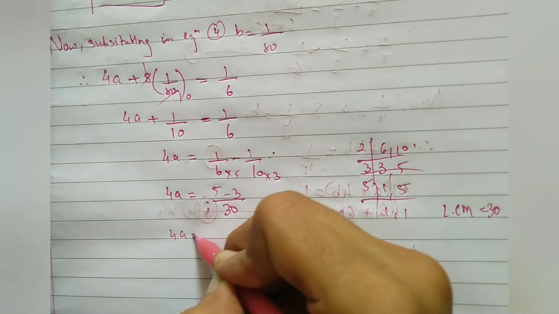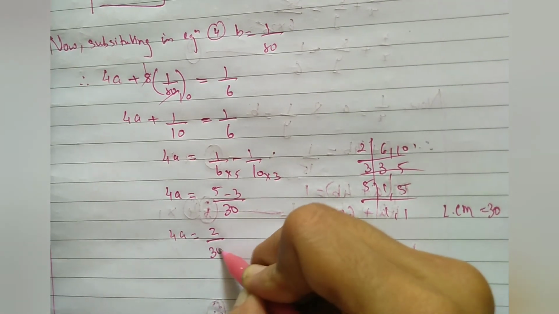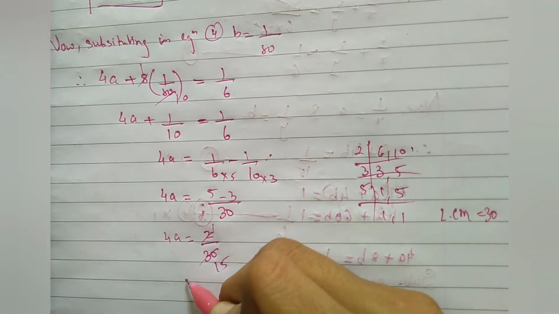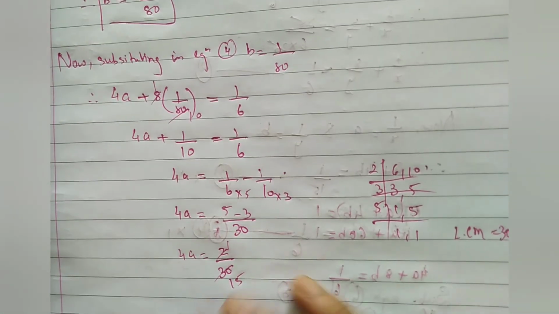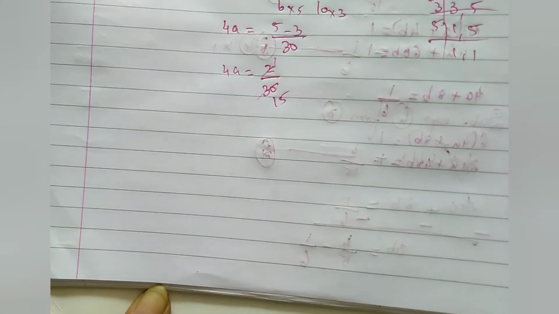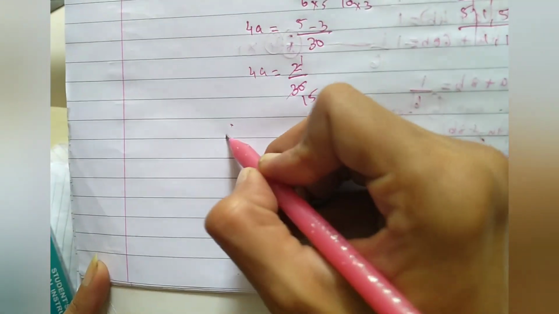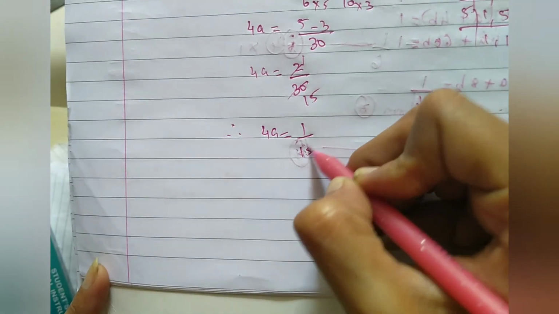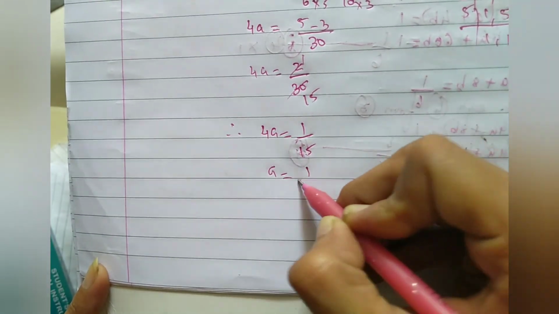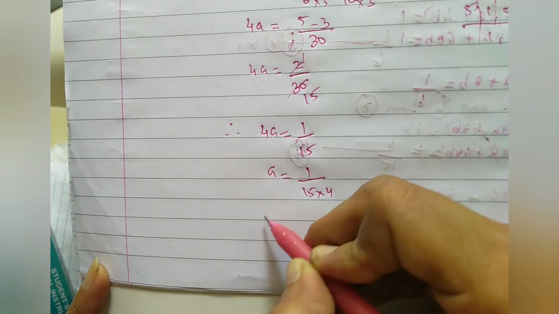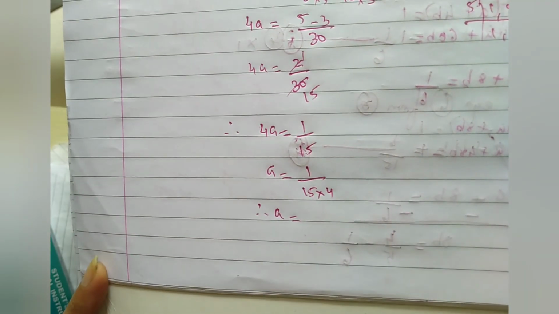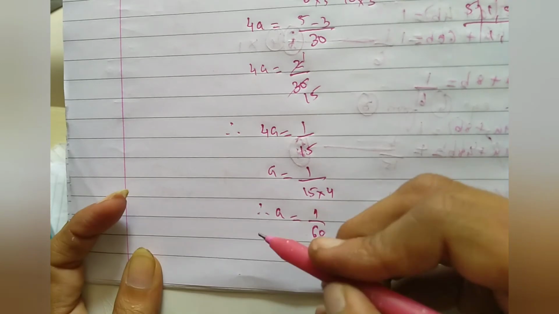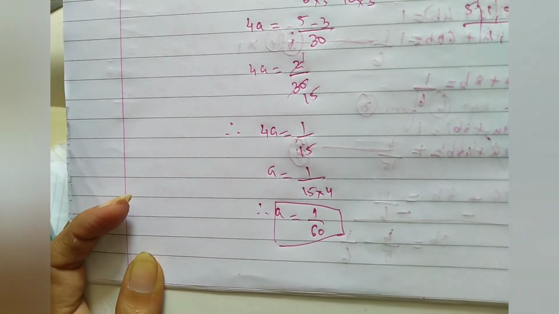So 4a equal to 2 upon 30. 2 1s are 2, 2 15s are 30. Therefore 4a equal to 1 upon 15. So a equal to 1 upon 15 into 4. Therefore a equal to 1 upon 60. Now we got the value of a and b.